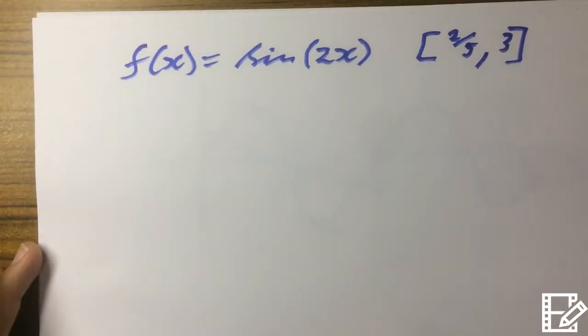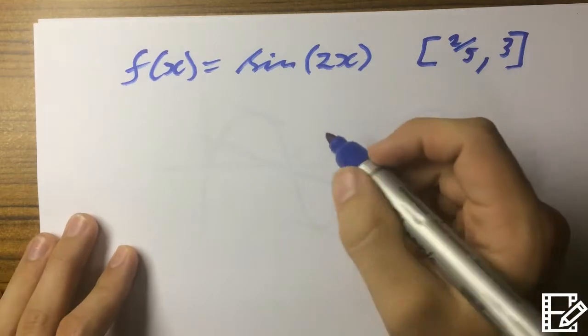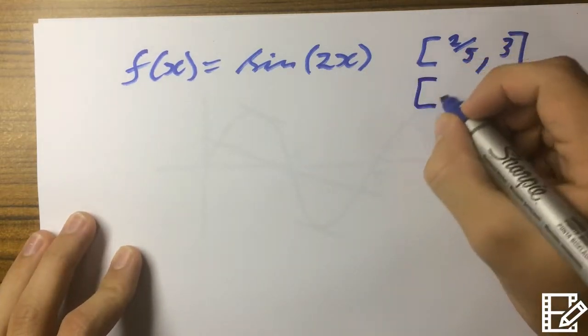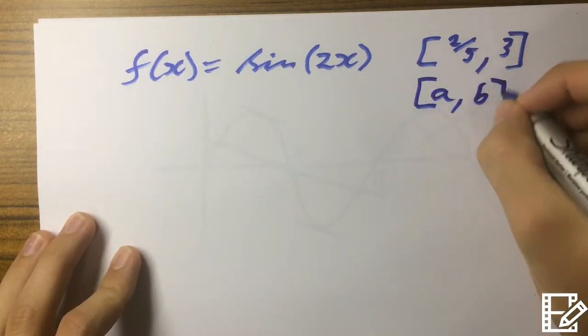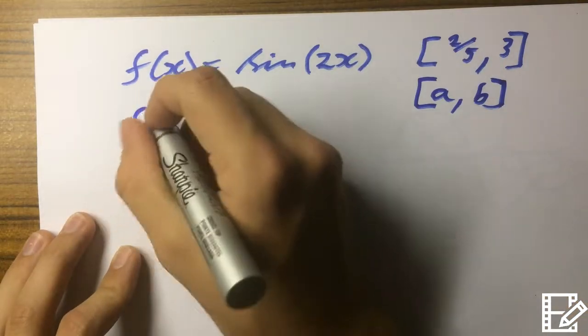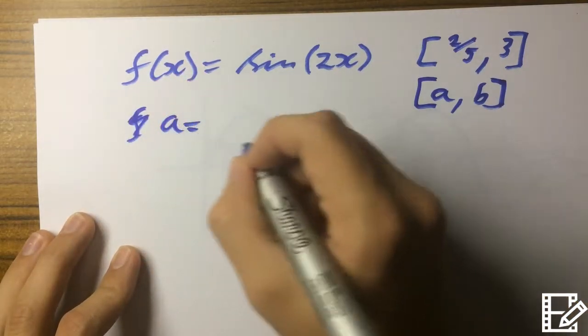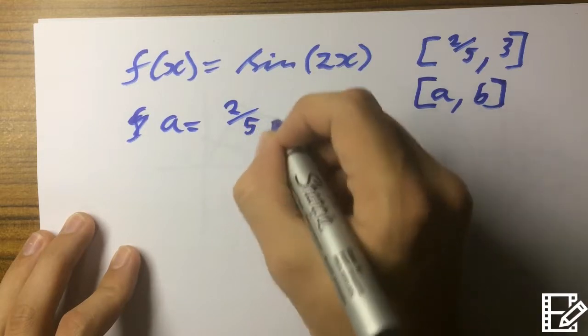First, this is our A and this is our B value. So A is equal to 2 on 5.